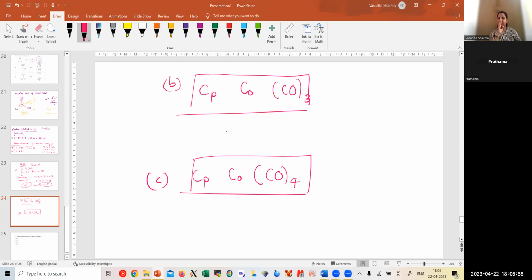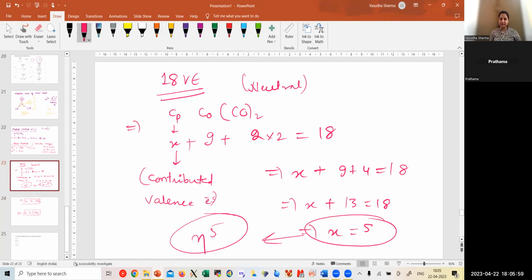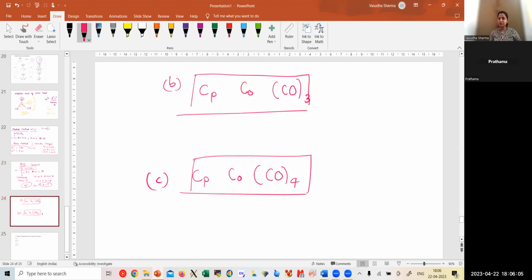You can just try. That is straightforward. The first, we got to know that in this particular case we have Cp, cobalt, CO whole 2. Now I've increased the carbonyl to CO3 and CO whole 4. Still they are making 18 valence electrons. Now how will you get to know in what hapticity Cp is now? Is it still maintaining its hapticity of 5, or has it reduced to 1 or 3 or any other?